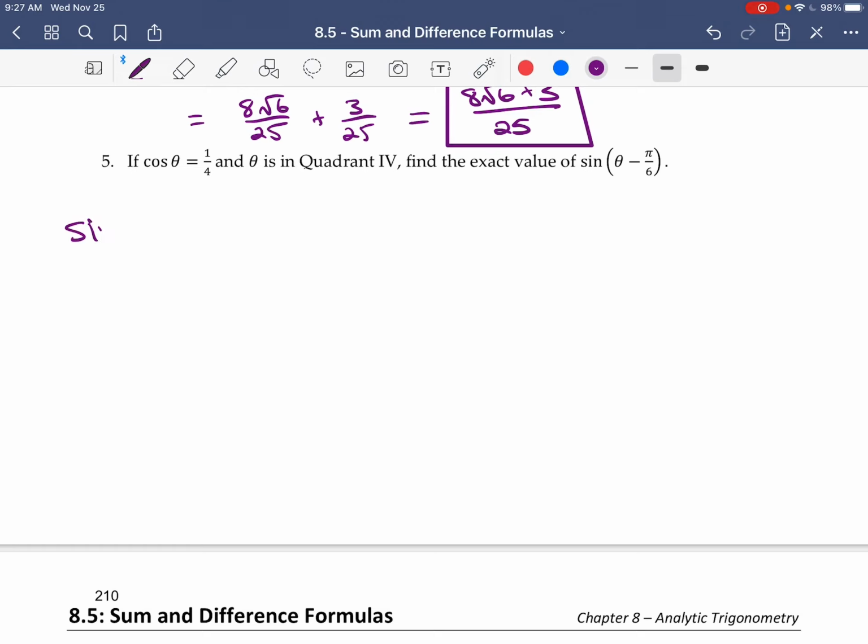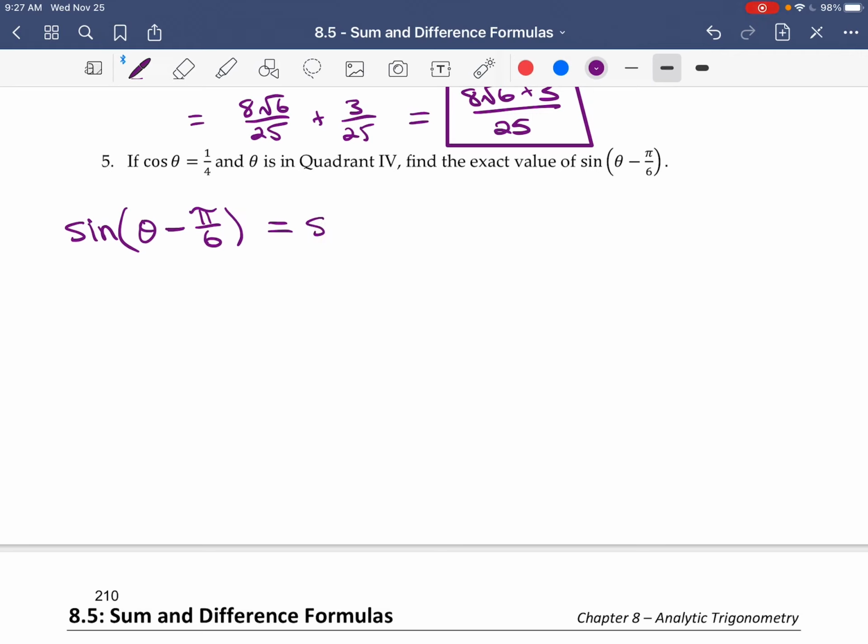Okay, so the first thing I'm going to do is think about the sine value I'm actually trying to find. This is a minus inside of the sine, so I can use the formula for the difference for sine.